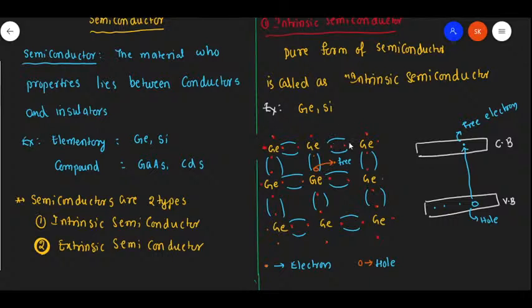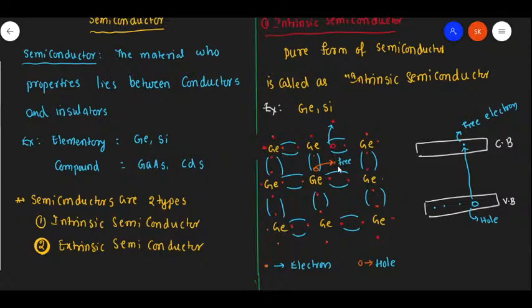For example, if one more covalent bond breaks here, this electron escapes from here. When the electron escapes, one free electron is generated, and along with that, one vacancy is created, that means one hole.